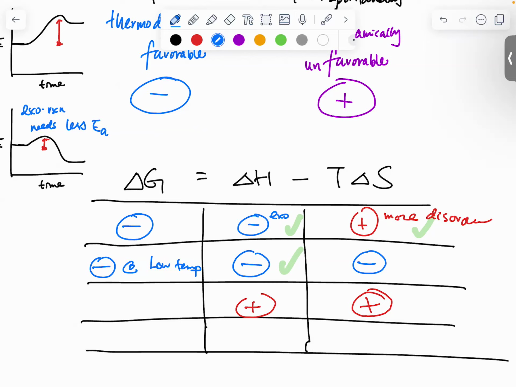Awesome. Because by then you will actually set up an inequality. You want to make the right-hand side to be less than 0. You will have the delta H, you will have the delta S, they're both in the table, and then you calculate the T, okay?